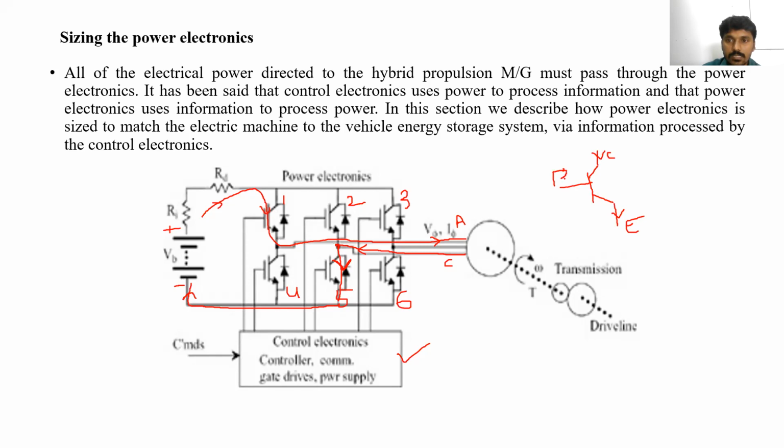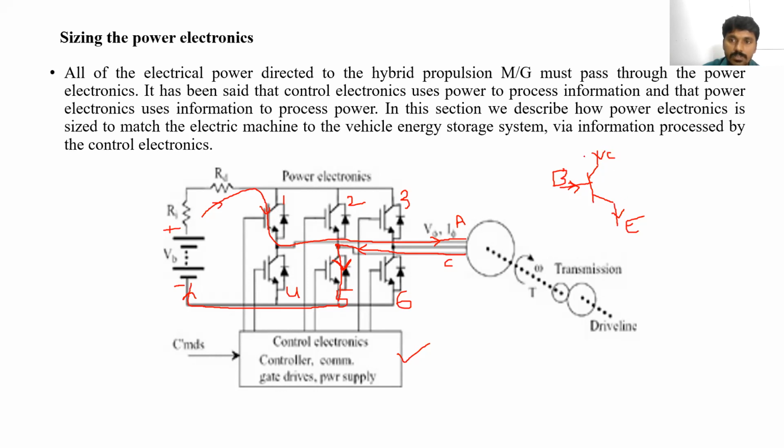For turning on this device, we have to apply some amount of voltage, or some amount of current should flow through the base terminal. Whenever the current is flowing through the base terminal of this transistor, only then will this transistor be turned on. When it is turned on, the current flows from collector to emitter terminal.